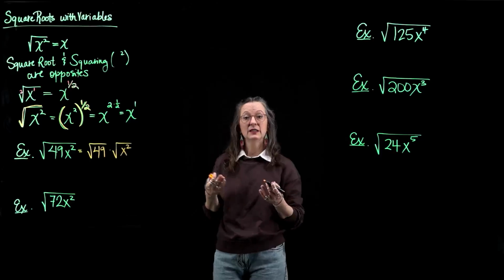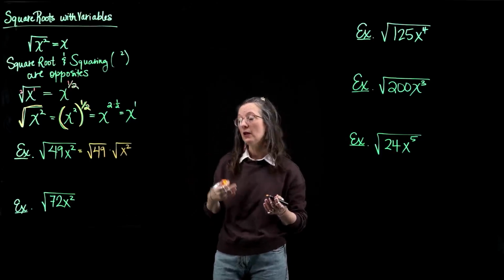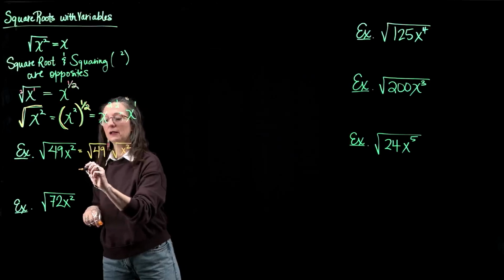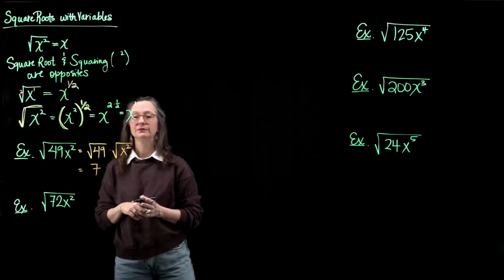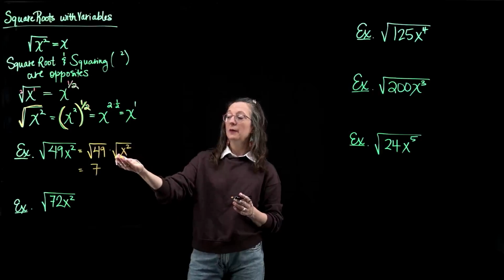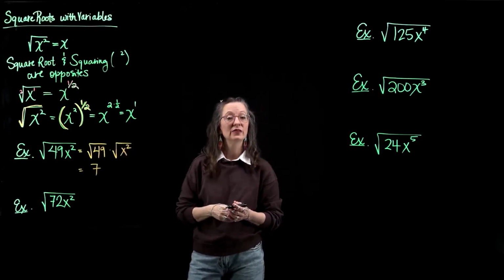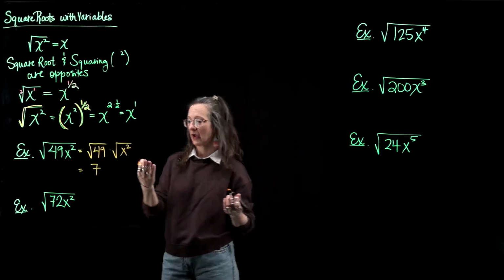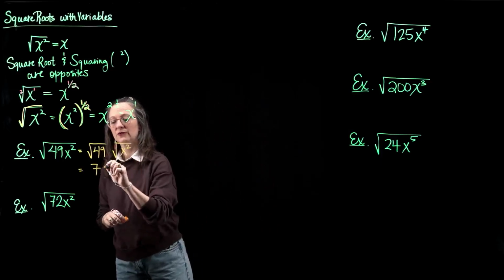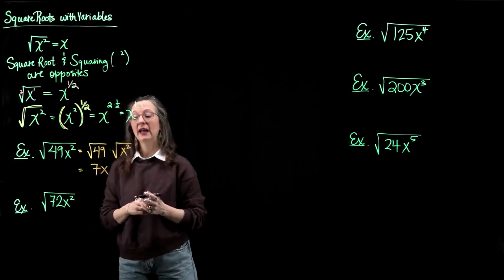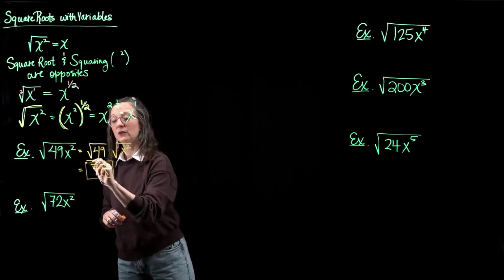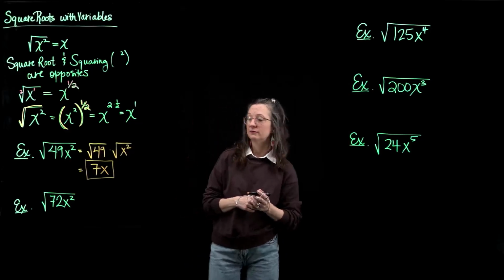So 49 is equal to 7 times 7. So the square root of 49 is just 7. And remember, we just talked about the square root of x squared is just x. So in place of square root of x squared, I'm going to write x, and my final answer would be 7x.